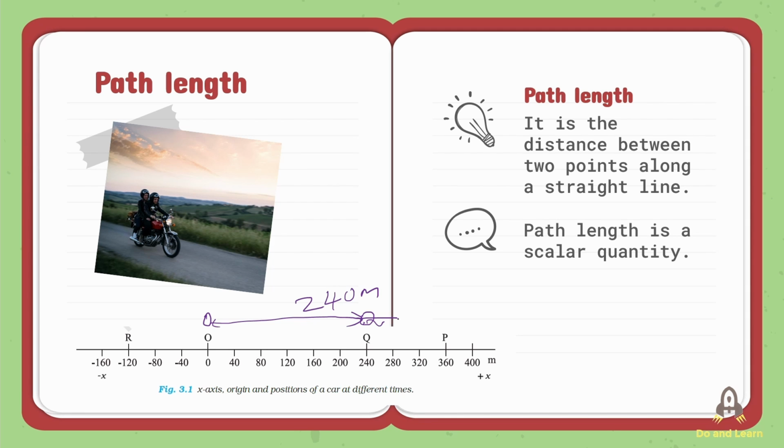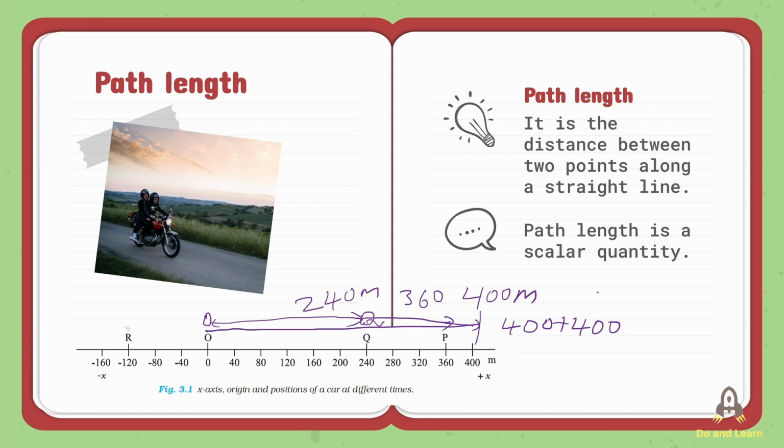Second, he continues his travel to the point P, so the distance is 360, and he has now reached 400 meters. Now assume that he goes back to the initial point O. So what is the total path length? Total distance covered is 400 plus 400.